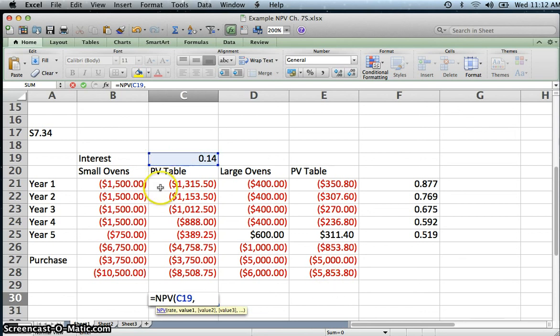Now, here's the critical thing. You need to take these original values, and I don't want to include year 0 or the purchase cost, because otherwise Excel will say that's 6 years' worth of data, and it will actually discount the purchase. And remember, we don't want to discount that. So we're going to just discount those values, and it will automatically apply the appropriate discount to each one of those.